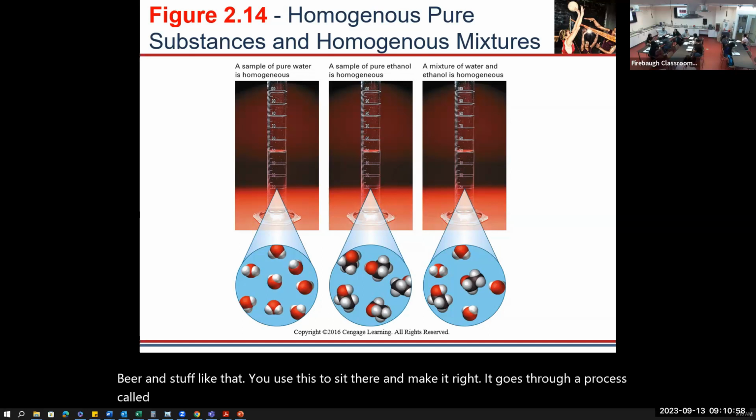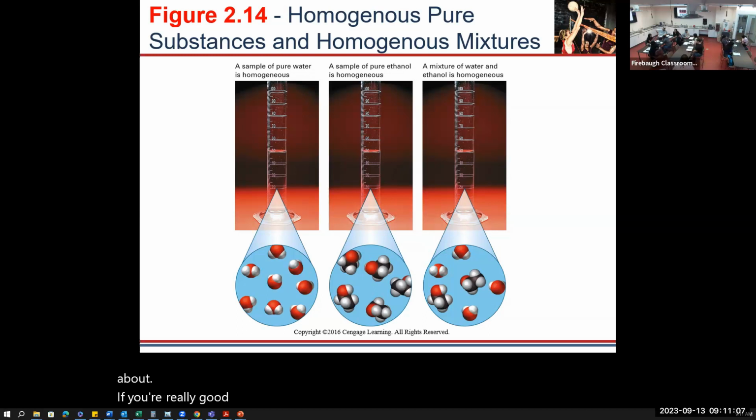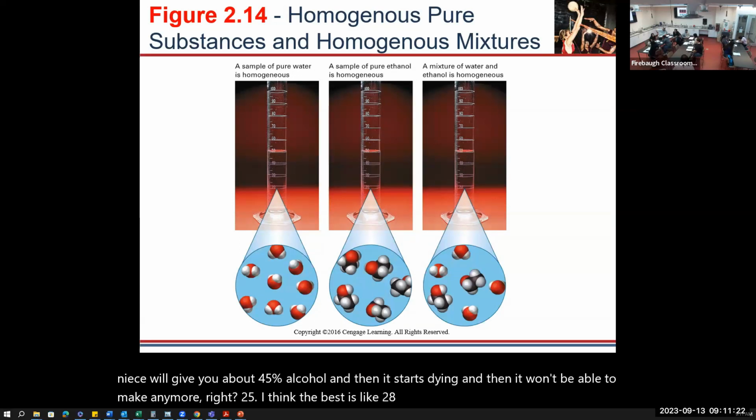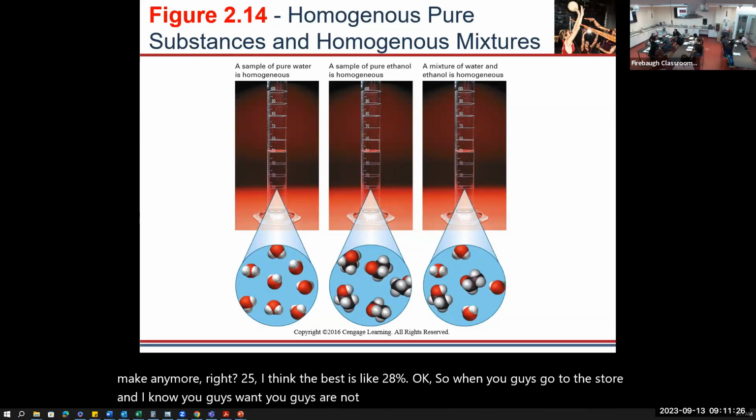Now, on average, a batch of fermentation will give you about, if you're really good, 25% alcohol. That yeast will give you about 25% alcohol and then it starts dying and it won't be able to make more. I think the best is like 28%. Okay. So when you guys go to the store, I know most of you are not old enough to drink, right?